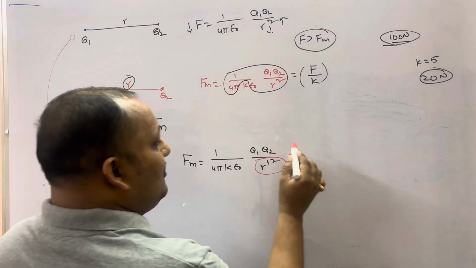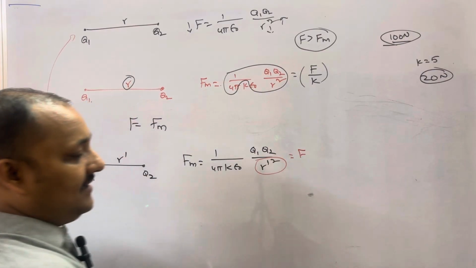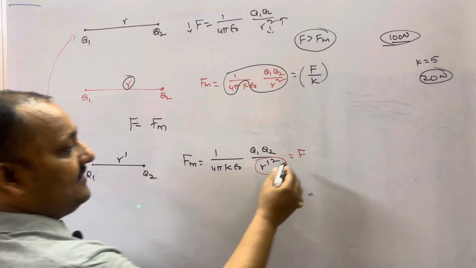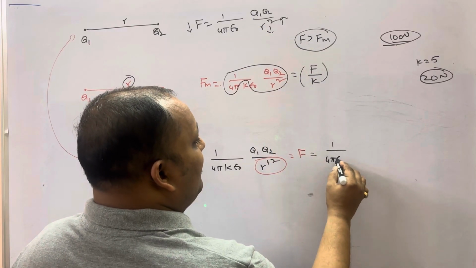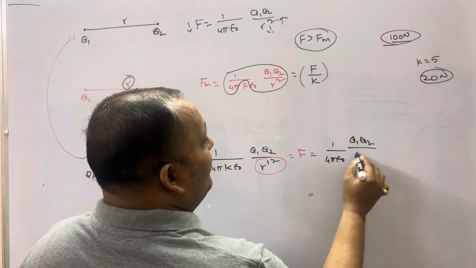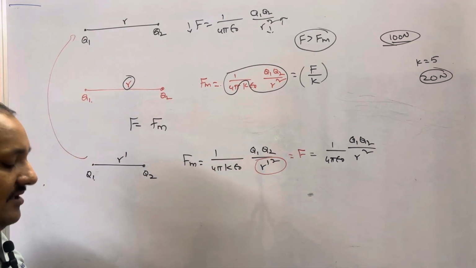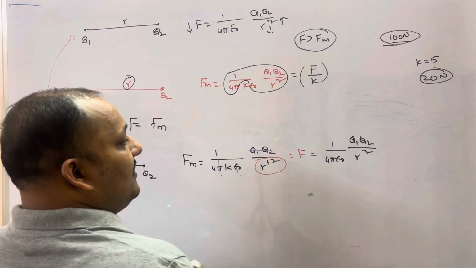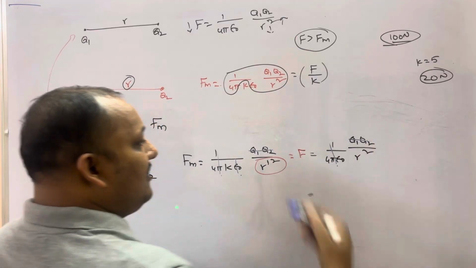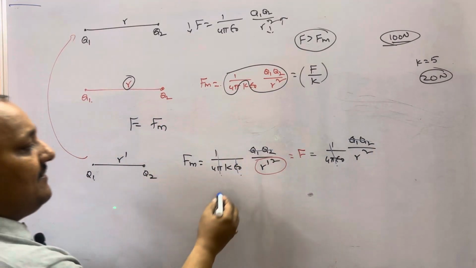So to become equal with air or space or vacuum, F is equal to 1 by 4 pi epsilon naught q1 q2 by r square. Now cancel the terms which are equal: 1 by 4 pi epsilon naught q1 q2 on both sides. Then what is remaining?